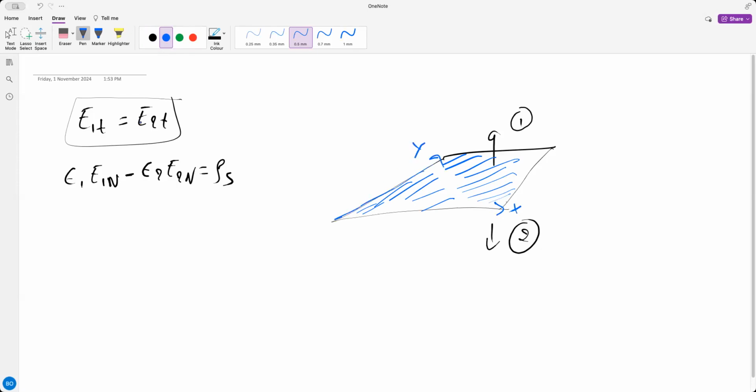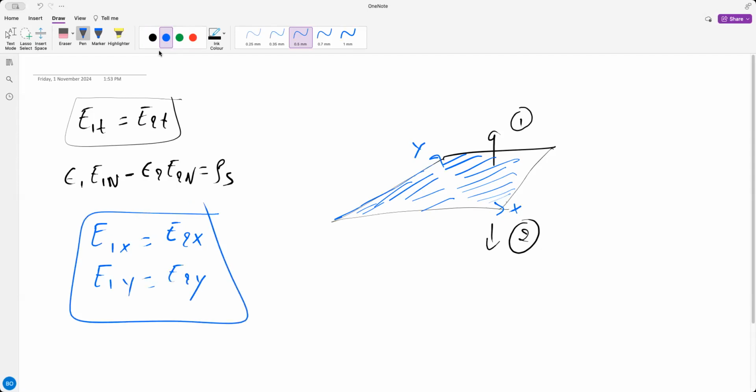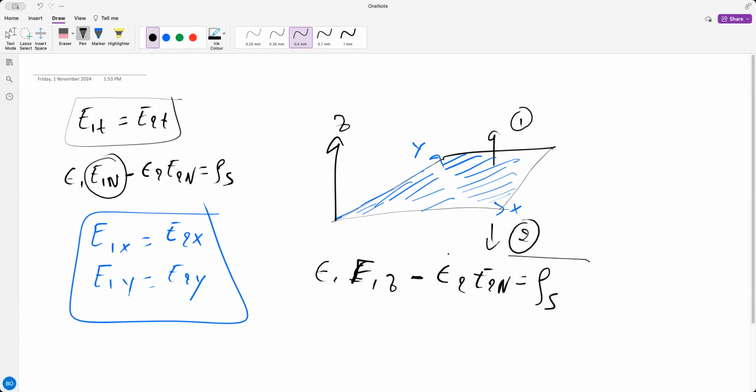This means that E1x must be equal to E2x, and E1y is equal to E2y. And then the normal component was the z axis. So the normal here, epsilon 1 E1z minus epsilon 2 E2z is equal to rho s. This is what we mean.